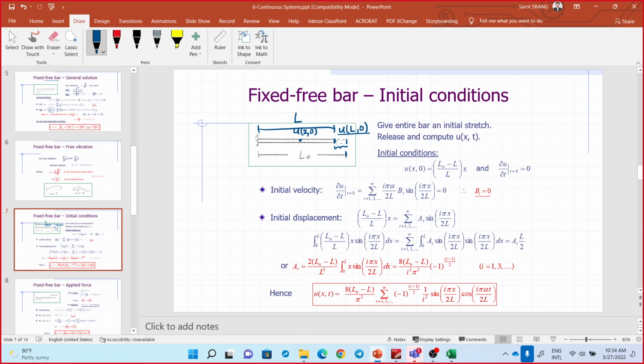We just pull it and hang it there, then start the time and release it, so there's no initial velocity. That's why this time derivative is zero.